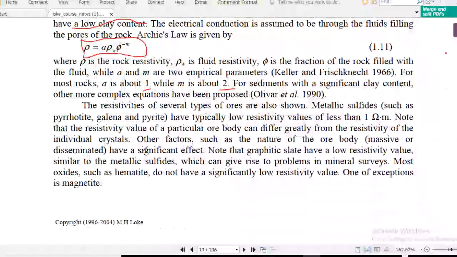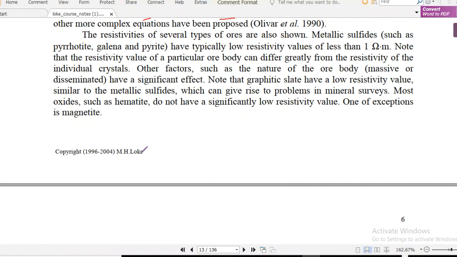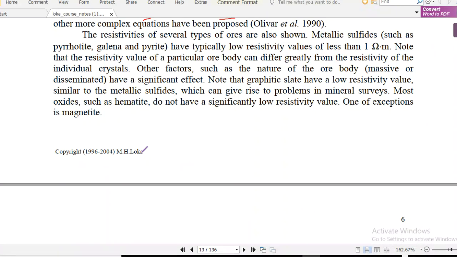The resistivity of several types of ores is also known. Metallic sulfides such as pyrrhotite, galena and pyrite typically have low resistivity values of less than 1 ohm meter. Note that the resistivity value of a particular ore body can differ greatly from the resistivity of an individual crystal.